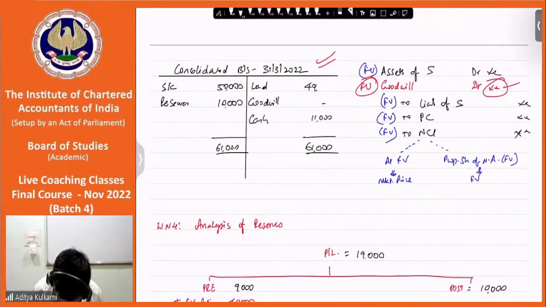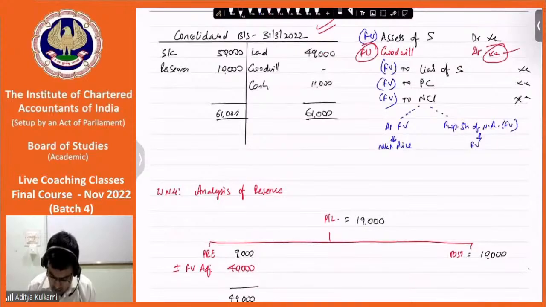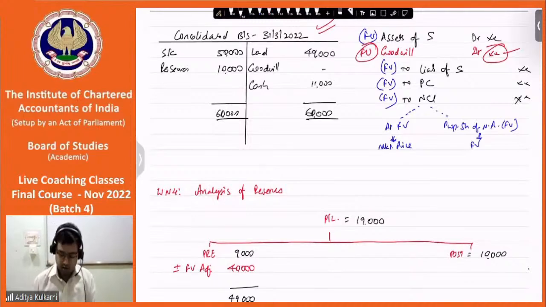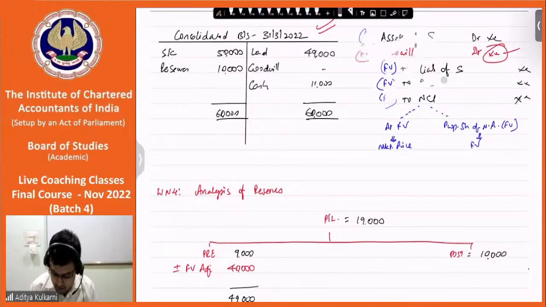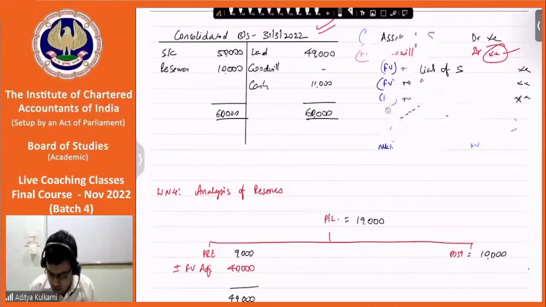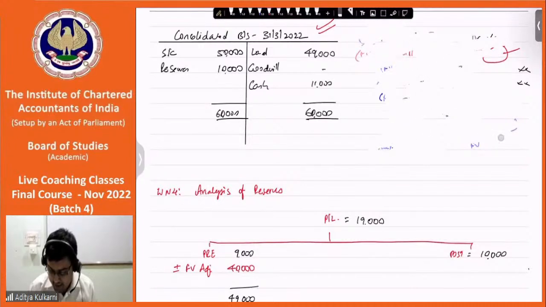So it will come at 49,000. 50,000, there was a 1,000 depreciation that was charged. And that concludes my consolidated balance sheet. No other changes to the consolidated balance sheet. Okay. So now you tell me, is this balance sheet correct?